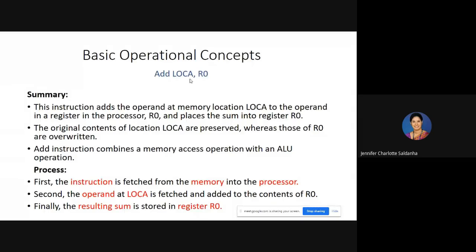So a second read cycle is initiated by sending the address LOCA to MAR, and from this location, the data is placed into MDR, and from MDR, the data will go to ALU.